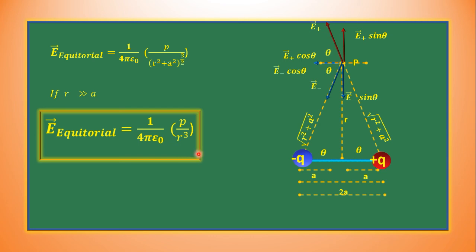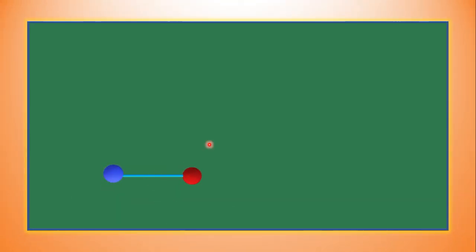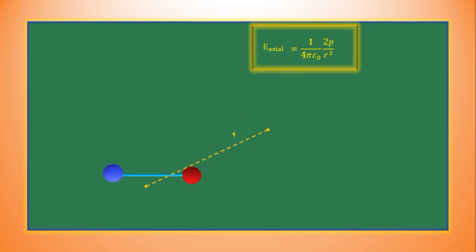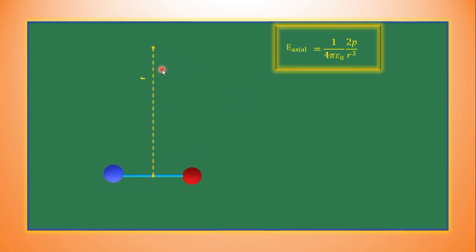Now, see one thing. This is our dipole, and at a point r on the axial line, we get the electric field E axial equal to 1 by 4 pi epsilon 0 2p by r cube. And suppose I am considering a point at the same distance r on the equatorial line, like this. The distance r is the same.